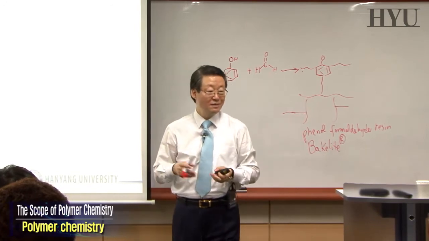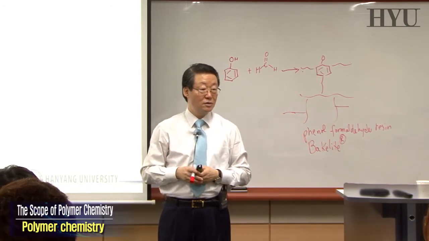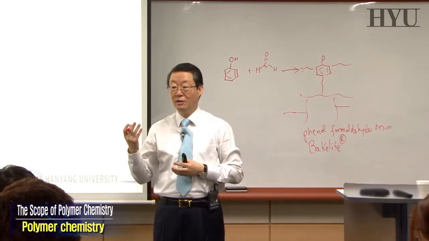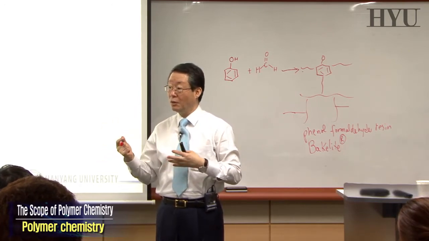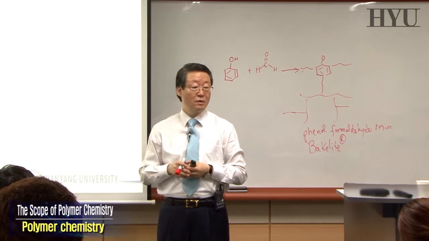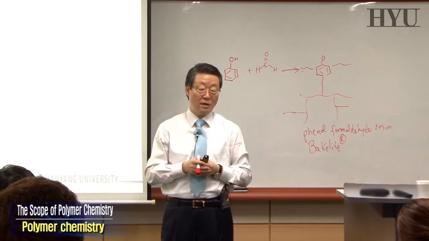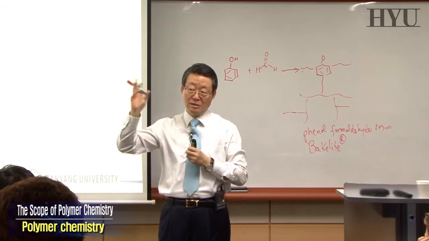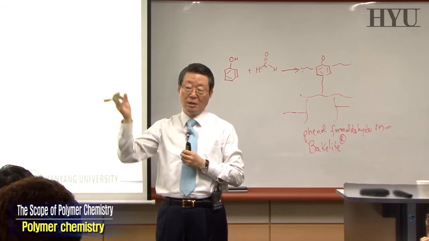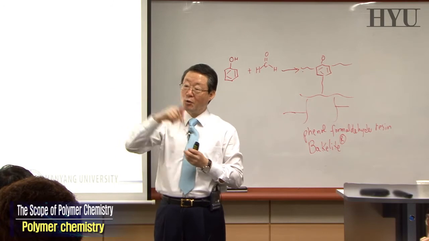But theoretically, there were a lot of questions. How can this bakelite be different from the phenol and formaldehyde? Phenol and formaldehyde was heated up, and it irreversibly becomes a plastic, and it will not go back to the liquid phase.